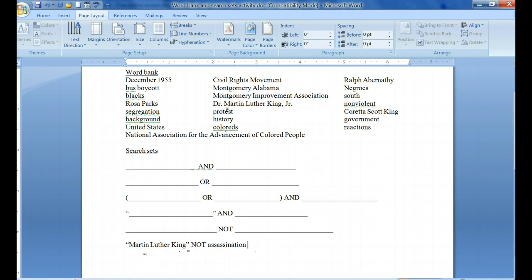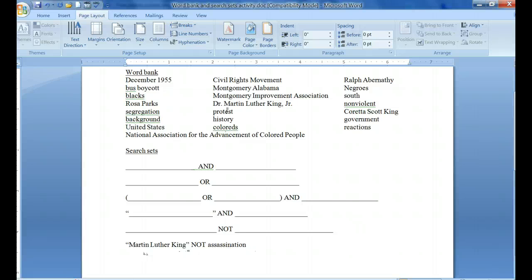Now, as you know, using this search is dangerous because there may be a book written about his life that includes information about how his life ended and would also include information about his participation in the Montgomery bus boycott.